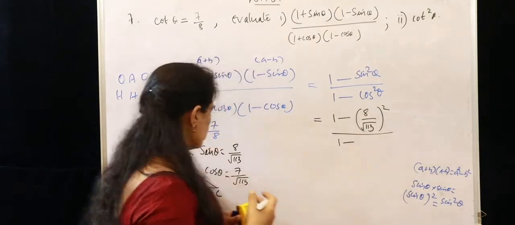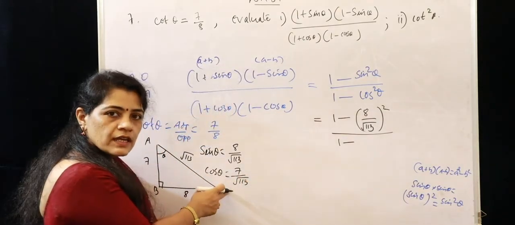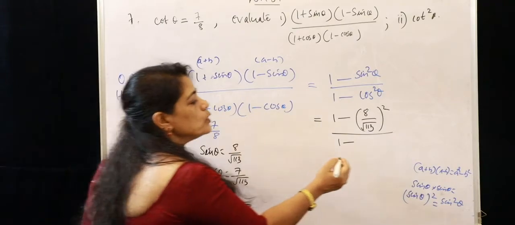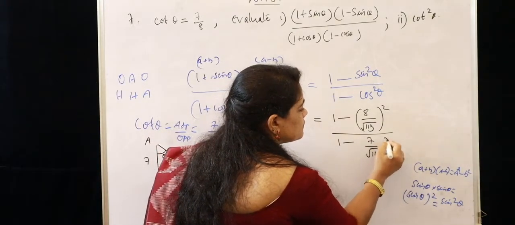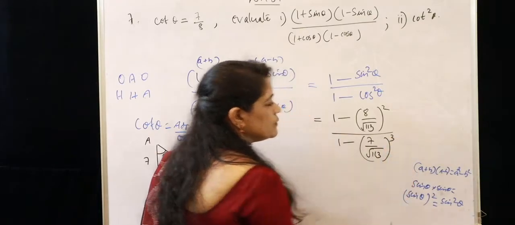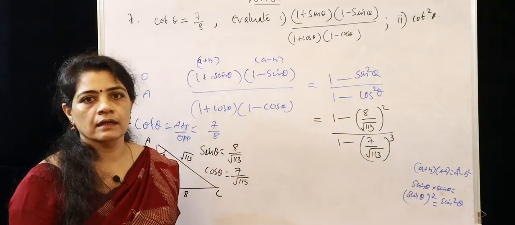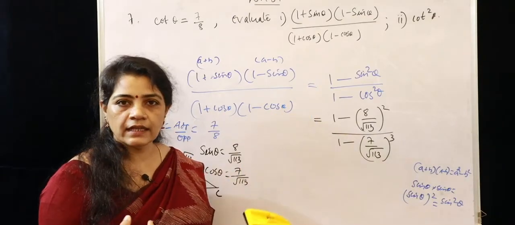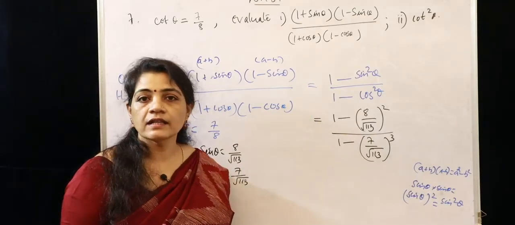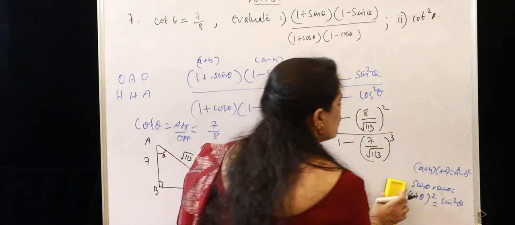The same rule we are applying. So cos square theta is 7 by root 113 whole square. Hope this step is clear, children. We have just taken the square of sin theta and cos theta in order to get sin square theta and cos square theta.